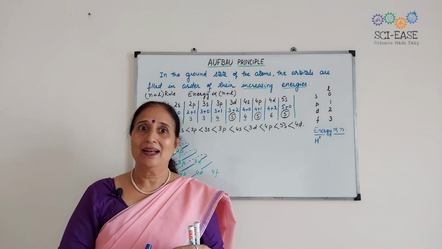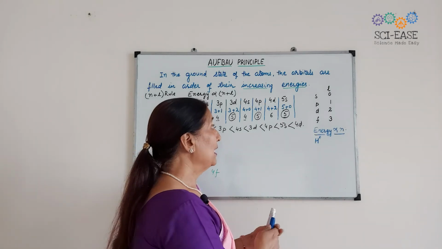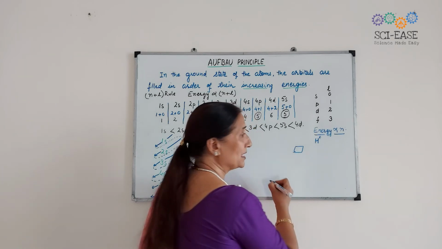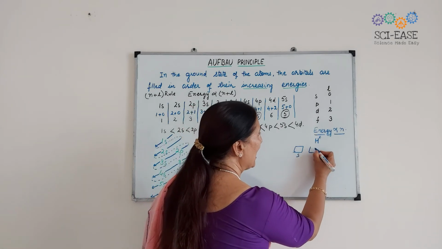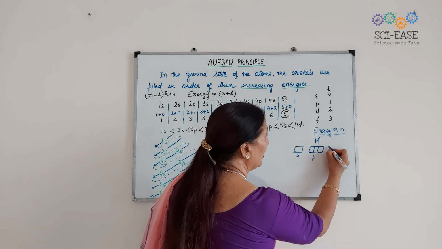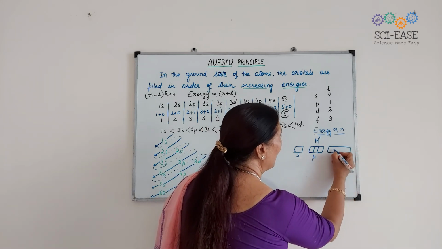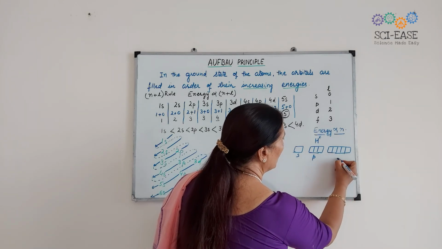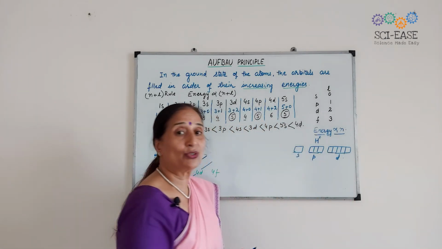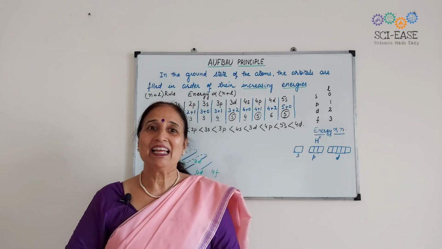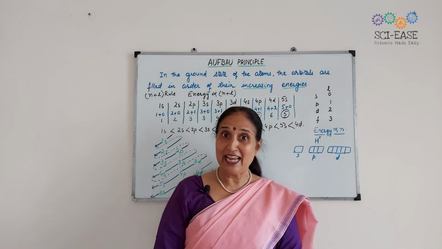But still, you know that S has only one orbital, okay? P has 3 orbitals, D has 5 orbitals, and so on. So how the electrons will be filled, I will explain in the next video.